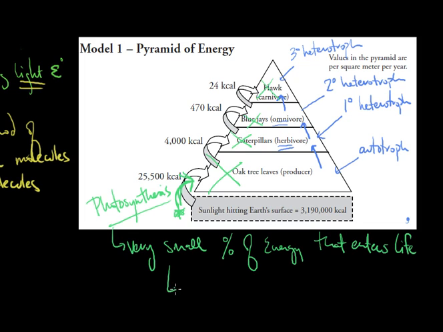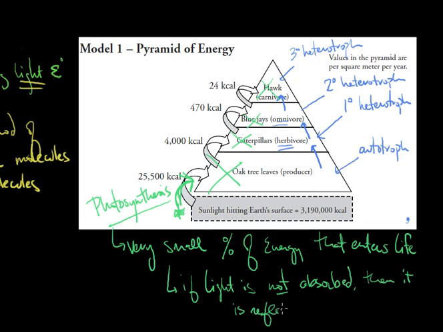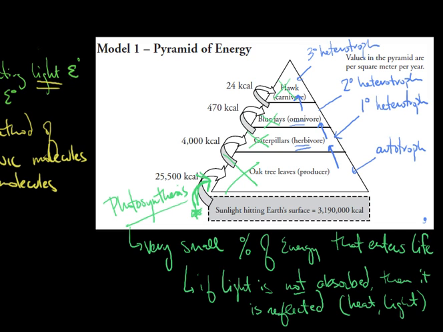Which means that if light is not absorbed by the leaves, then it is reflected back and can take on several different forms of energy, for example, heat or light. So not all of it's going to be absorbed, and it is turned into these other forms of energy that you might have learned about. So I hope that makes some connections for you.